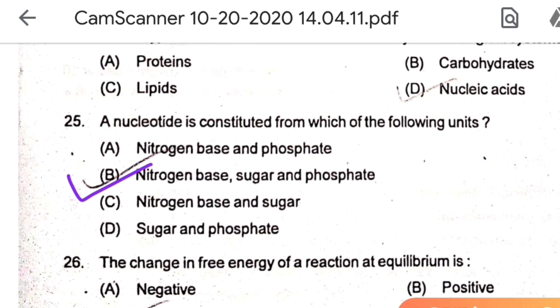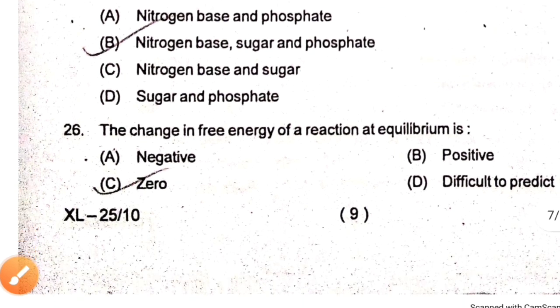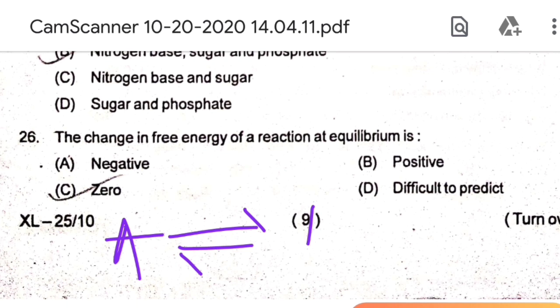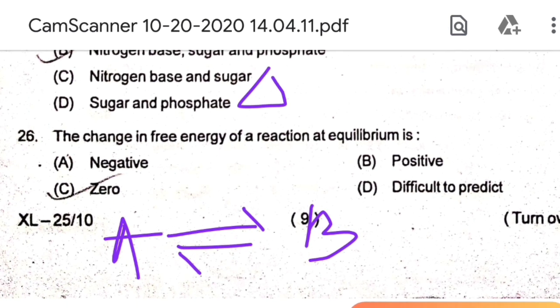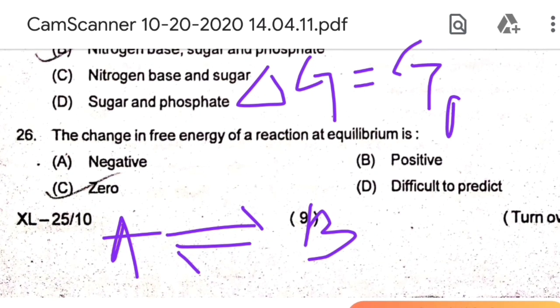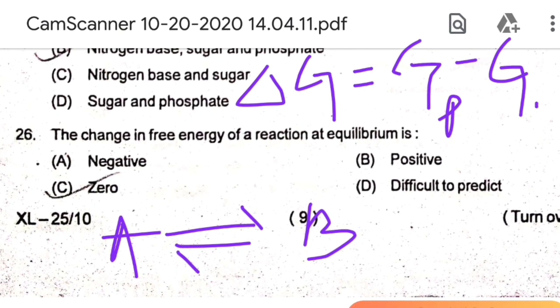Okay. So next is question number 26. The change in free energy of a reaction at equilibrium is. So let's consider an equilibrium reaction. Suppose I am taking A in equilibrium with B. Okay. So your delta G will be G product minus G reactant.